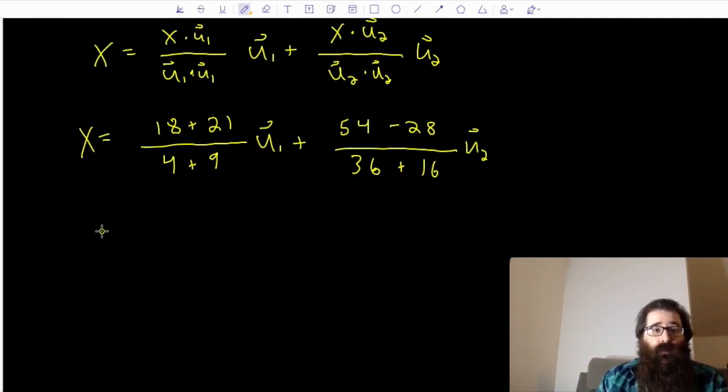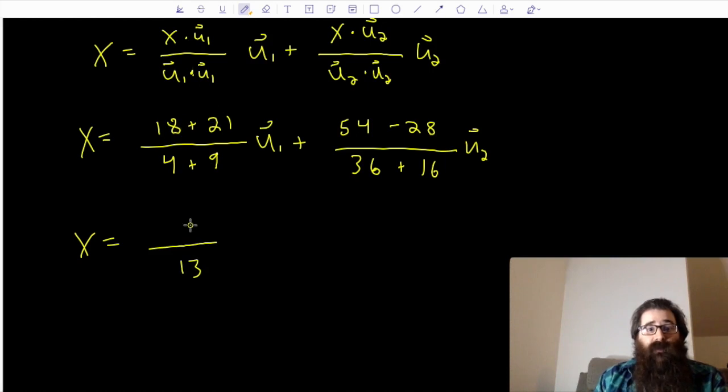So x is equal to, here on the bottom, 9 and 4 gives me 13. On the top, 18 and 21 is going to give me 39. And then times vector u sub 1, plus, here on top, 54 minus 28 is going to give me 26.